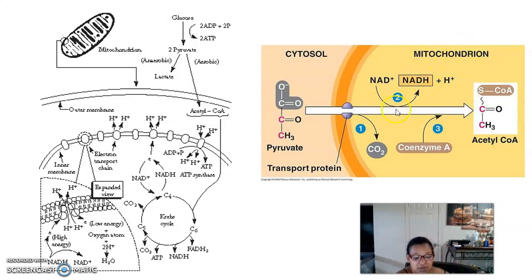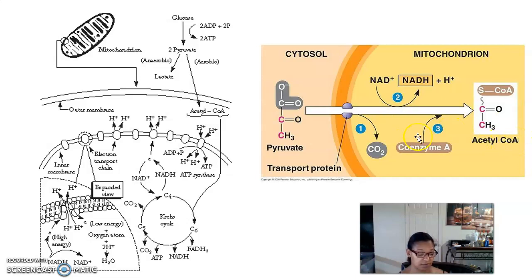In the mitochondria, they will be transformed into a 2-carbon acetyl group, and it will be picked up by coenzyme A, which is a carrier compound, and the compound name is acetyl-CoA.